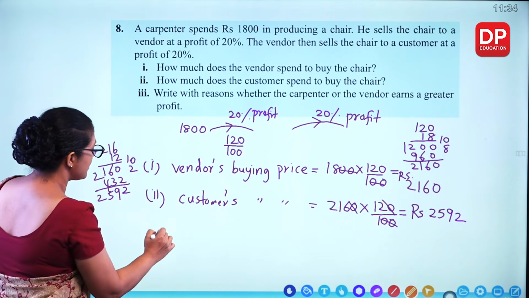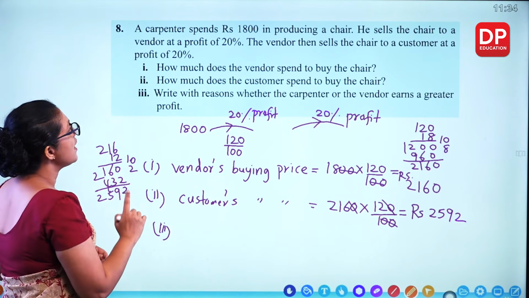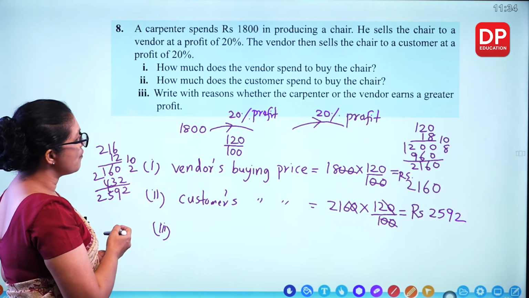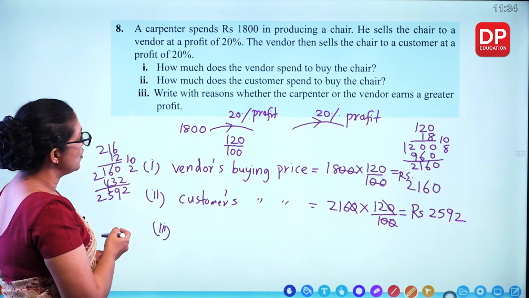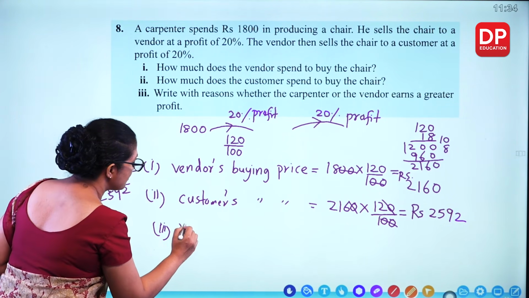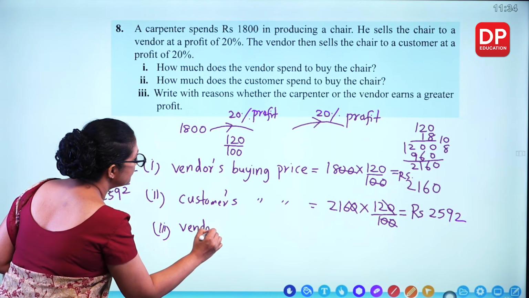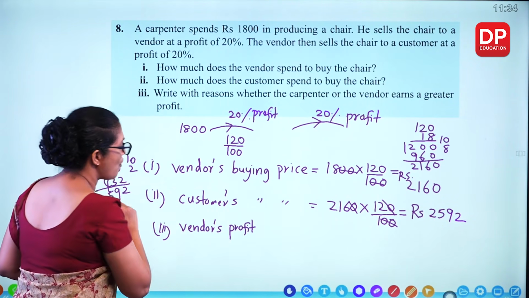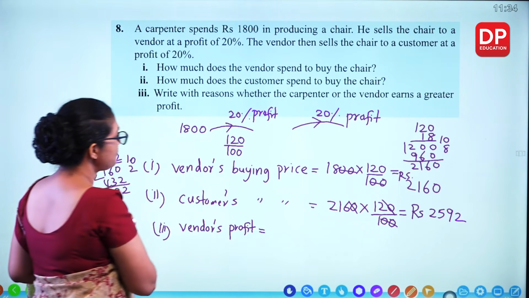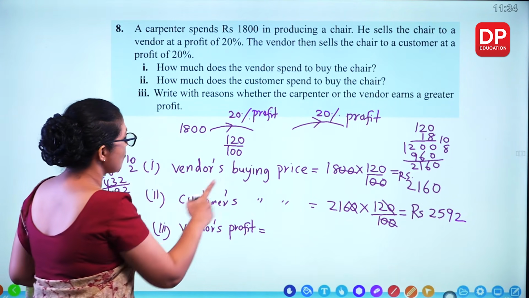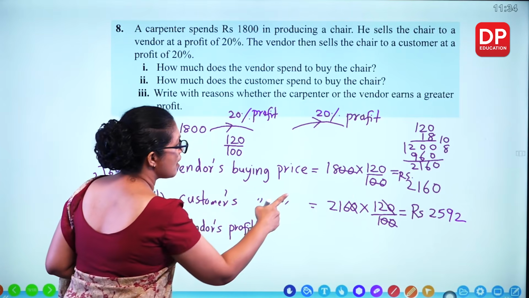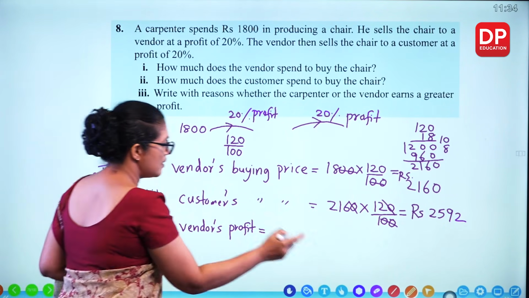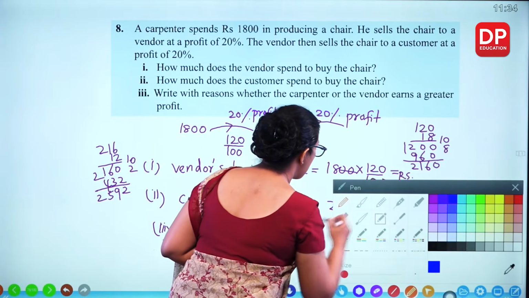Now the third part, write with reasons whether the carpenter or the vendor earns a greater profit. So what is vendor's profit? Now here I'll write down the values.